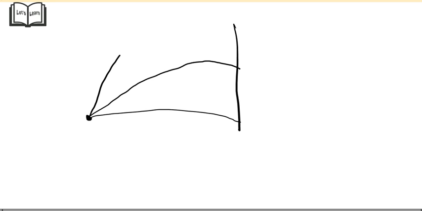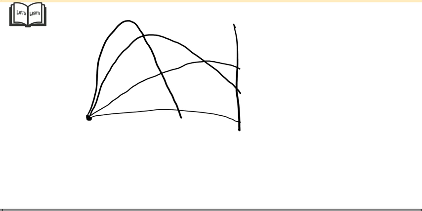If your velocity is constant, if your angle is very less, then it will just go on this path. Okay, if you increase the angle to 45 degree, it will hit somewhere like this. If you increase the angle further, it will just go up and then fall down, and further it will even not reach the building, it will just fall below.